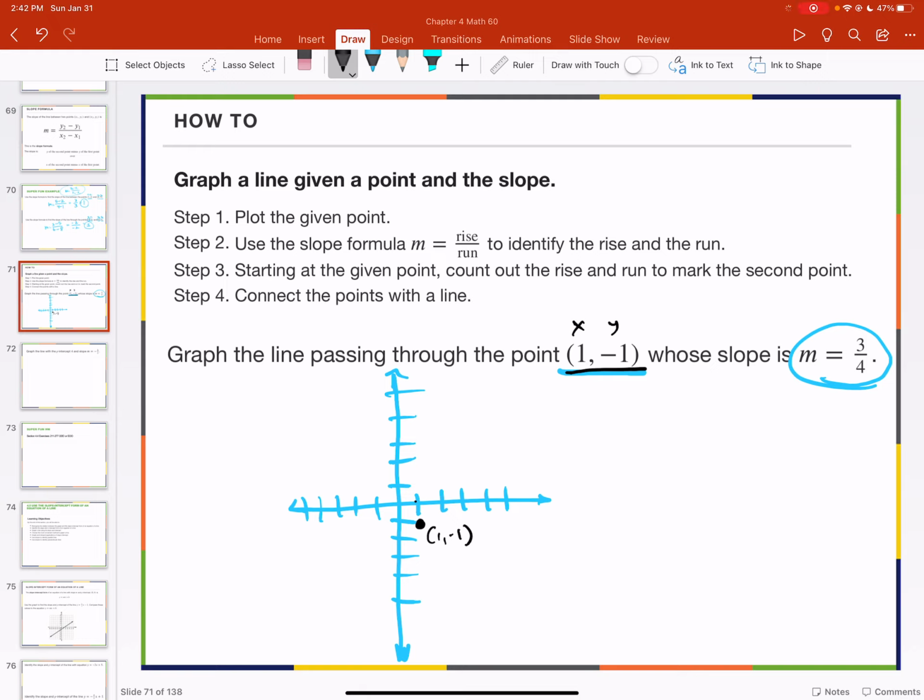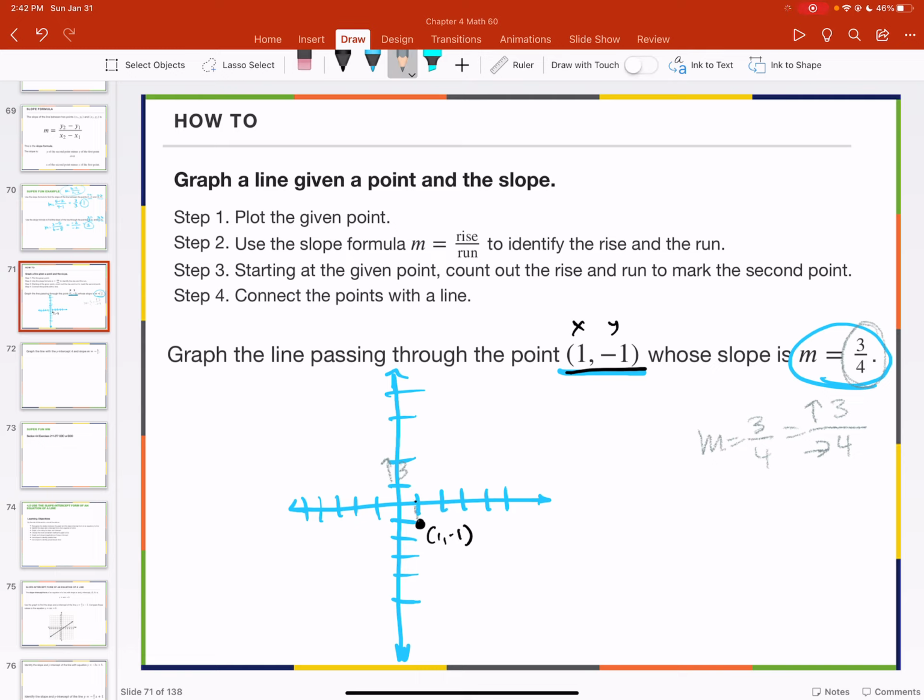Now it says to use the slope 3/4. If the slope is 3/4, what does that mean? That means it goes up in the positive direction 3 and to the right 4. Starting from here, you would go up 1, 2, 3, 4. I went too far. Let me redraw this.